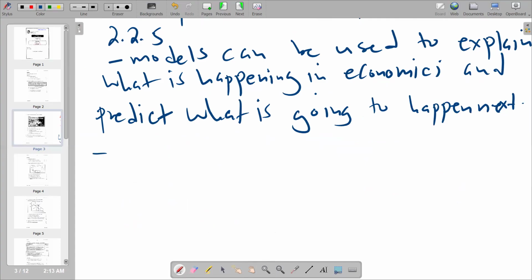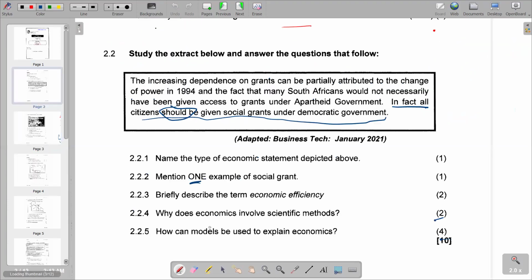And then we can raise another point. We can refer back to the question, which says, how can models be used to explain economics?